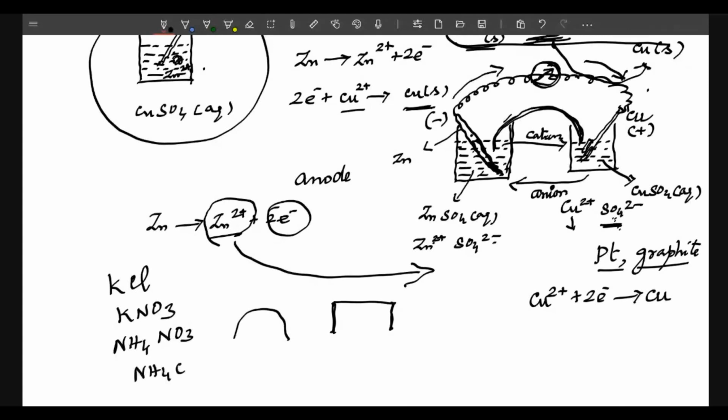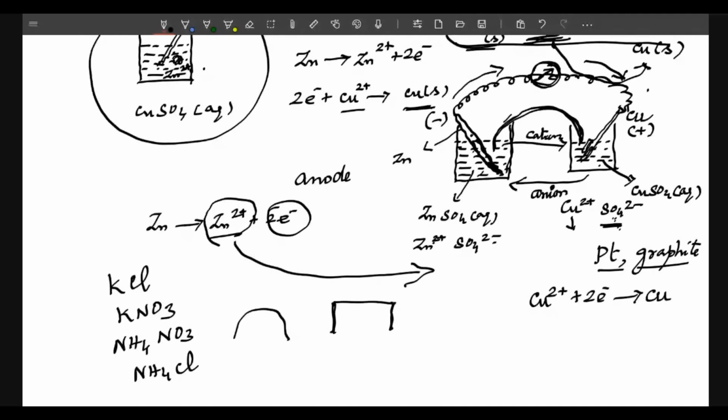And what is the important condition for the electrolyte used in the salt bridge? It should not react with either of the solutions, whether in the cathode compartment or the anode compartment. Whatever ions are present, it should not undergo reaction with those ions.